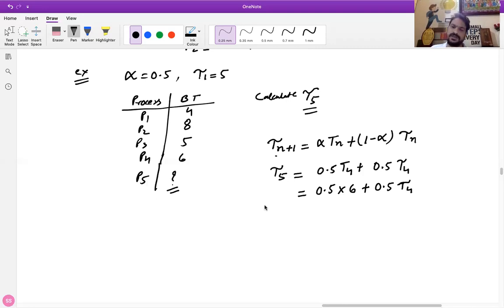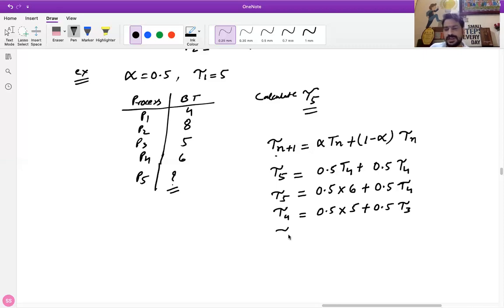So in that method, what is tau of 4? It will be 0.5 into the time of the third process. The actual time of the third process is 5, so 0.5 into 5 plus 0.5 into tau of 3, because we don't know the value of tau of 3. It is not given here.